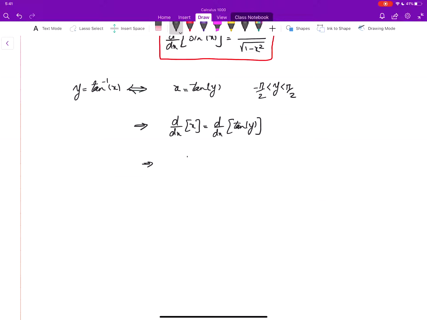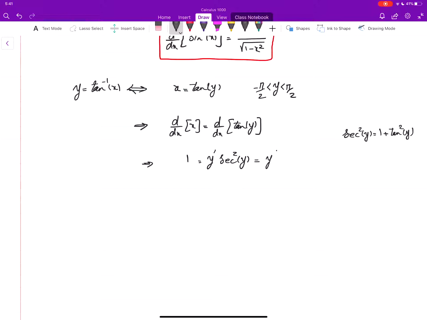And well, I know the derivative of tan y is secant squared of y. We are using the chain rule here. But remember, secant squared y is always equal to 1 plus tan squared y.